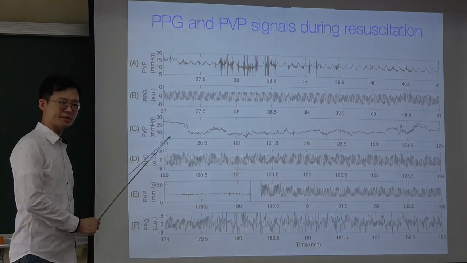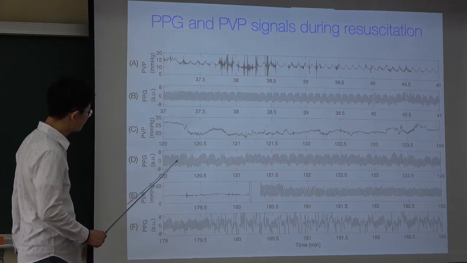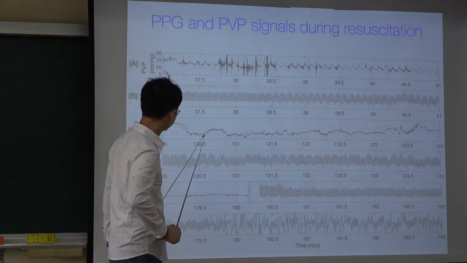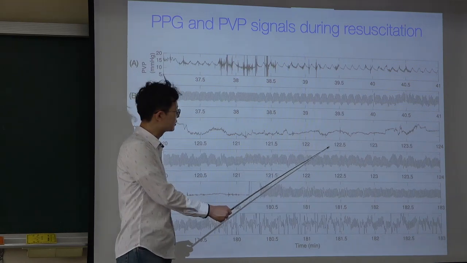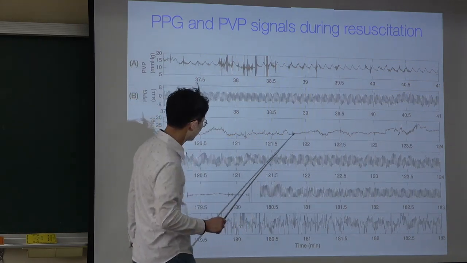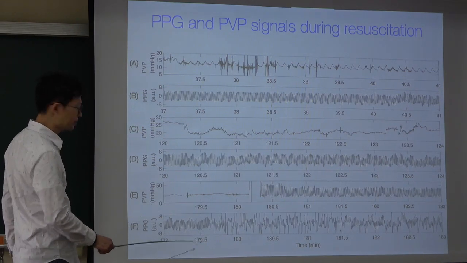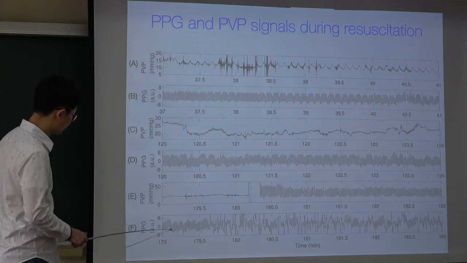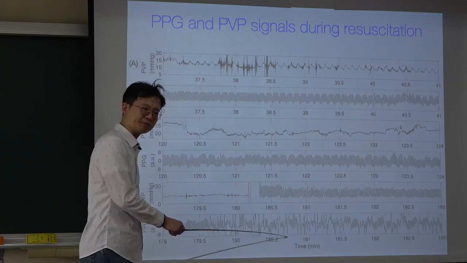In the second hour of the signal, you can see the PPG is still quite nice and easy to read, but what is inside the PVP here? It's difficult to say what's going on, and it's fluctuating. This is after the third hour. You can see the PPG signal is good in the beginning, but then it becomes very, very chaotic and noisy.